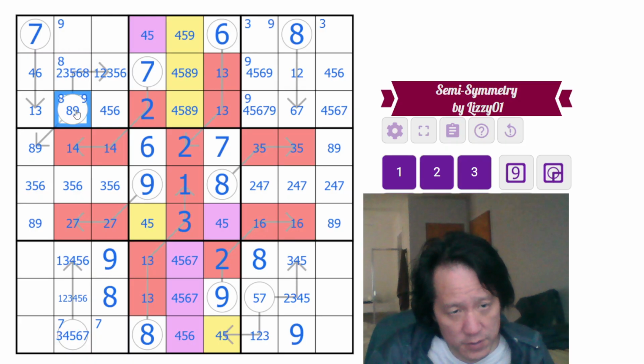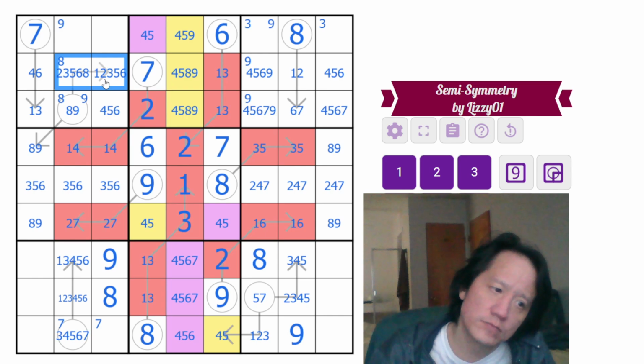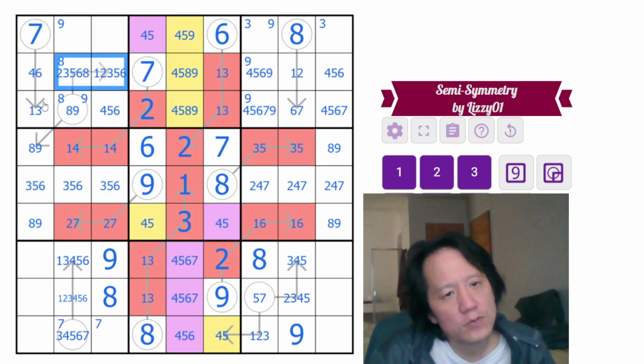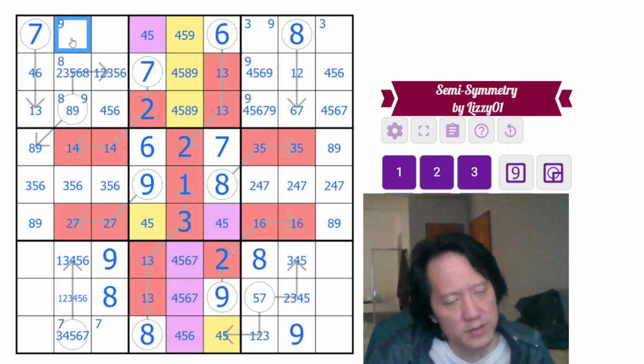So this is 8, and this is 3, 5. So 1, 6. If this is 1, 6, this can't be 8, 1 anymore. So this has to be 8. This is 9. This is 4, 5. So 1, 6. That would mean this can't be 8, 1. So this is 8. This can't be 2, 6. So this is 3, 5.